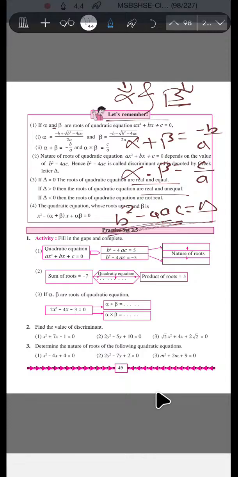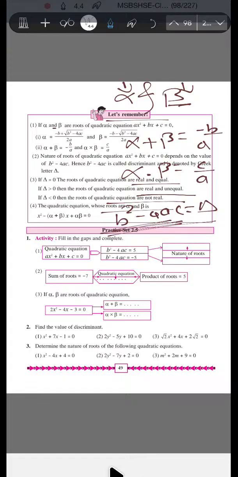If it is greater than 0, the roots are real and unequal. If it is less than 0, then the roots are not real. Also, a quadratic equation can be written with the formula x square minus (alpha plus beta) x plus alpha beta is equal to 0.